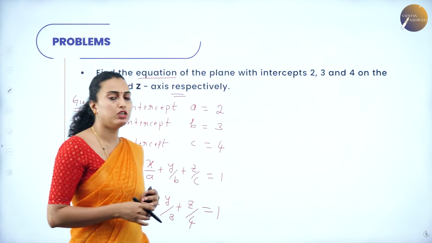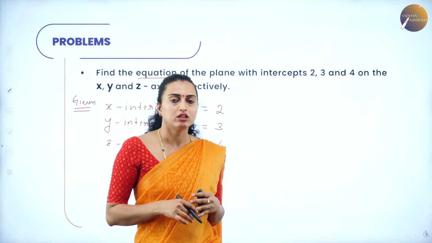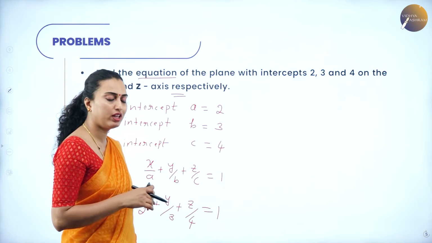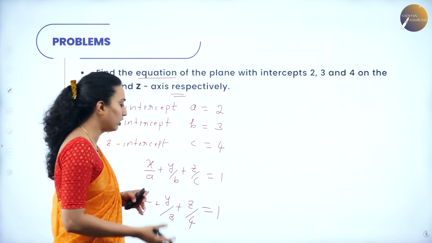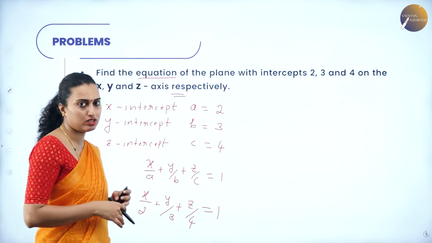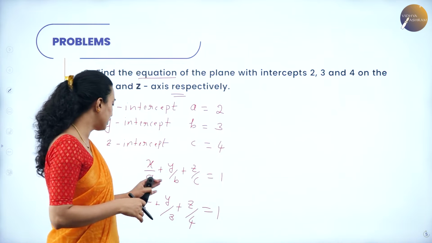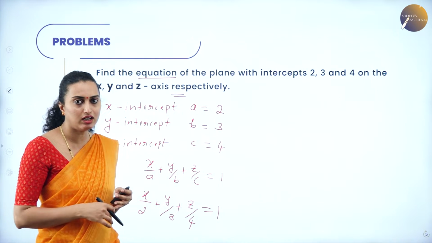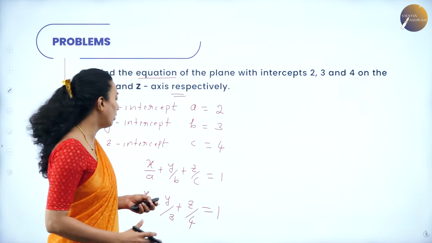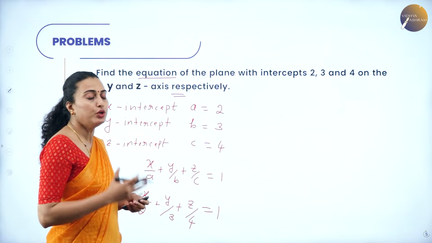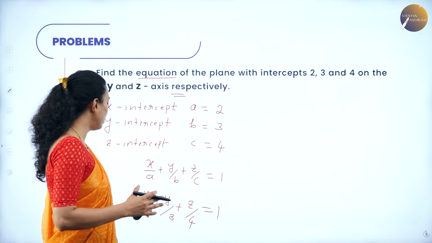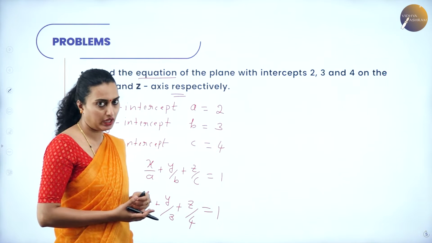So this is going to be known as the equation in intercept form when the intercepts are given. If you want, you can solve this equation, isn't it, dears? You can solve this by taking the LCM. You know already the LCM of 2, 3, 4 is nothing but 12, right?